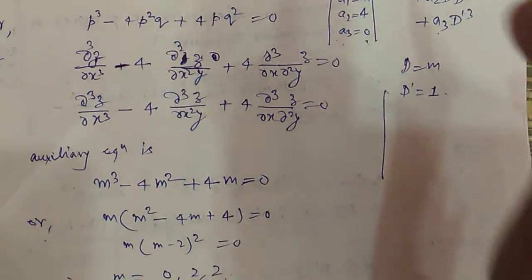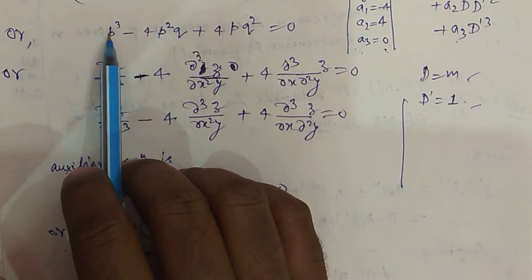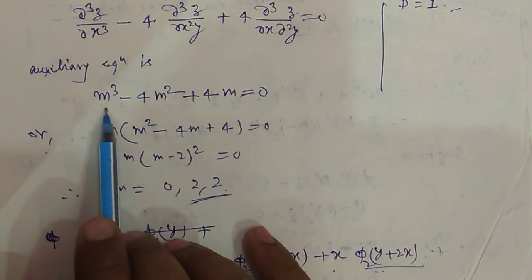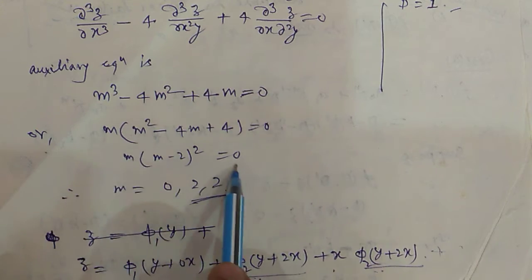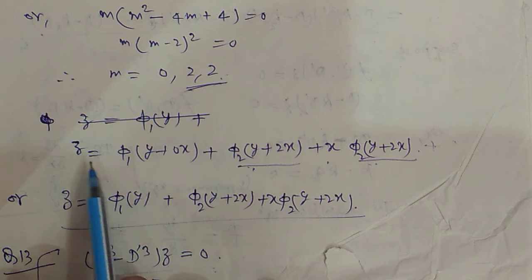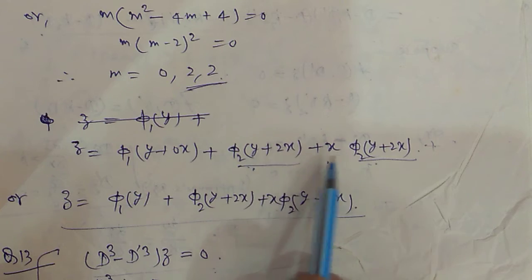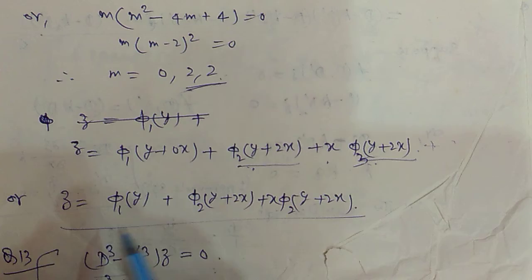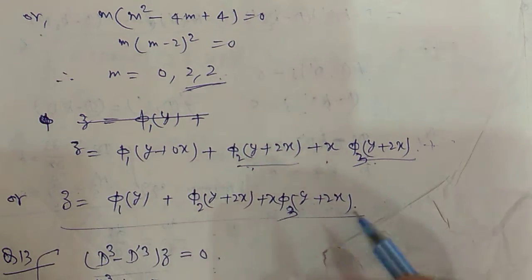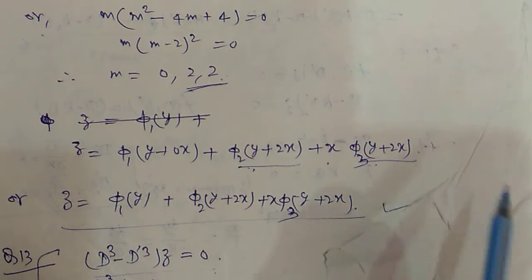So we put D equal to m and D dash equal to 1, and we get the auxiliary equation m cube minus 4m square plus 4m equal to 0. It is reducible to linear factors, so we get the roots 0, 2, 2. So the general solution becomes z equal to phi 1 of (y plus 0x), phi 2 of (y plus 2x), plus x times phi 3 of (y plus 2x). This is the required general solution.